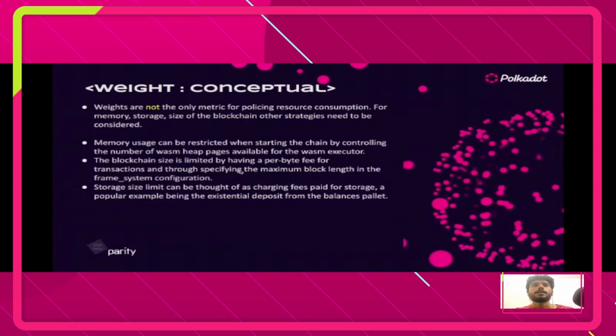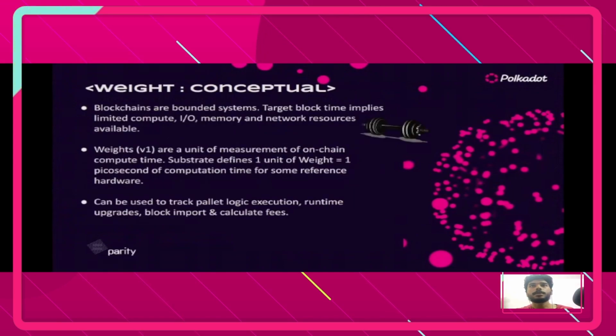All right. So first off, blockchains are bounded systems. What is meant by that? When you run a Substrate node template, it comes with a 6-second target block time. That immediately tells you that we have limited computation, I/O, memory, and network resources. As a block author, you need to run all the transactions, then make sure they run within memory bounds so that you don't have an out of memory error.